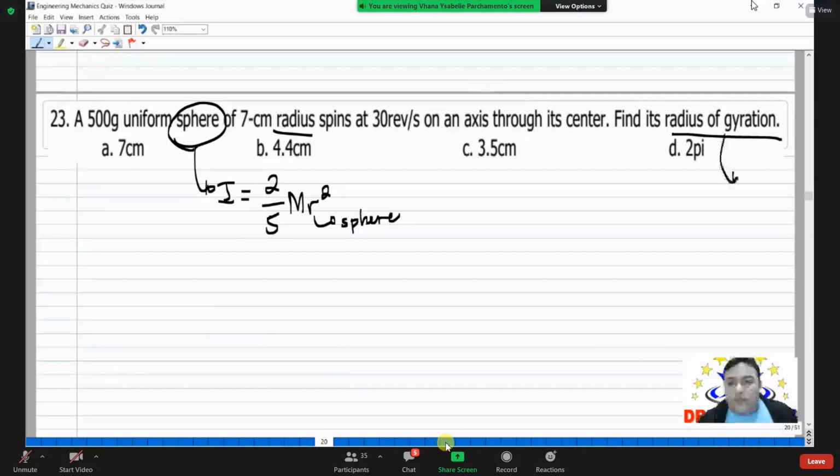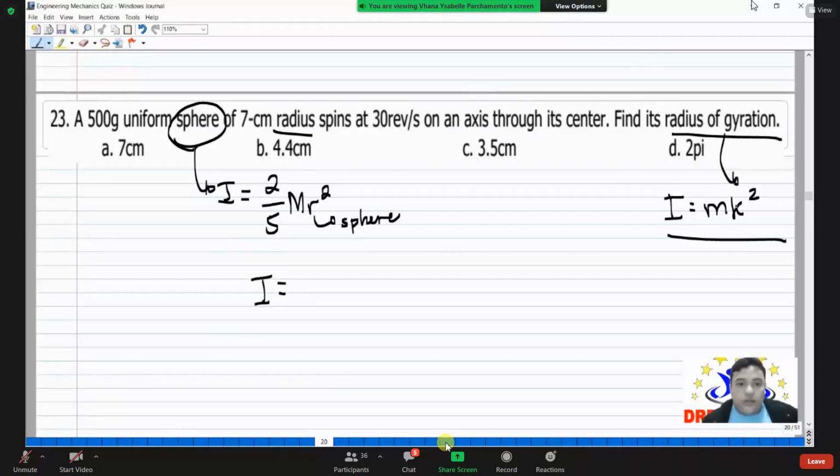Pero whereas kapag radius of gyration, so I is equal to mk squared lang. So yan lang yung formula for radius of gyration. Mag-isa lang siya.